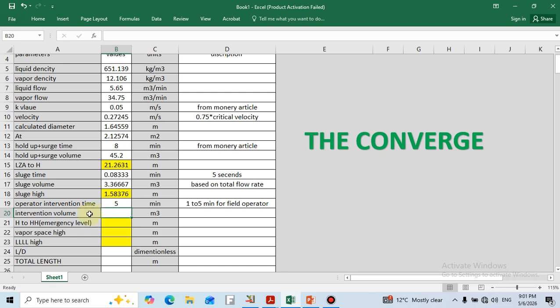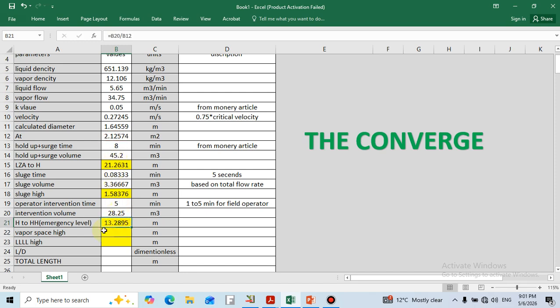So in the intervention volume, we have the time that it takes to accommodate that part times the liquid inlet flow rate that we have talked about earlier. So then again, do the same procedure. We have the volume, divide this value by the cross-sectional area.